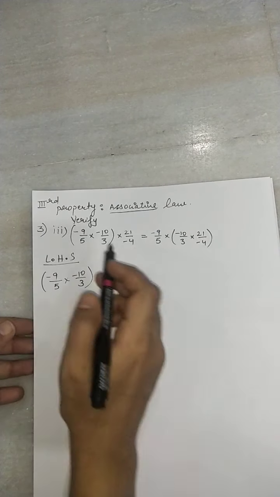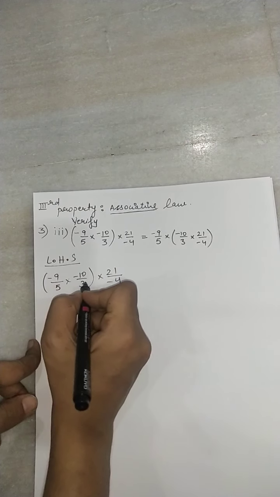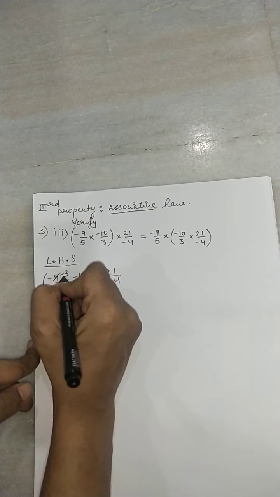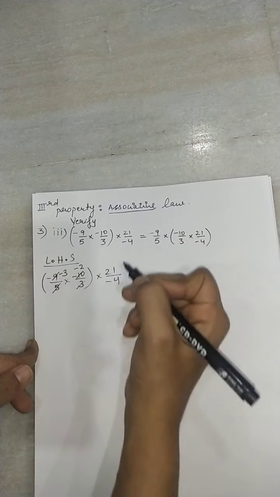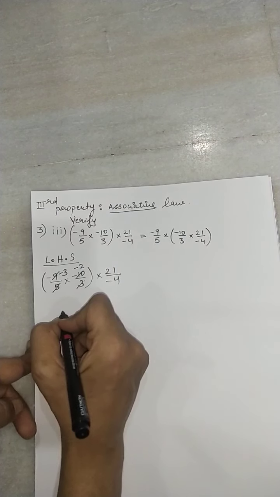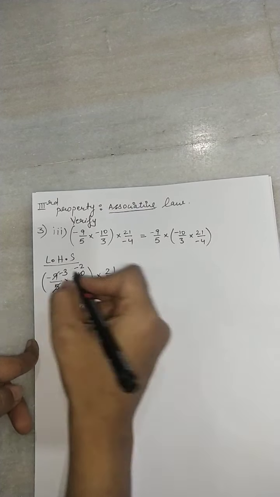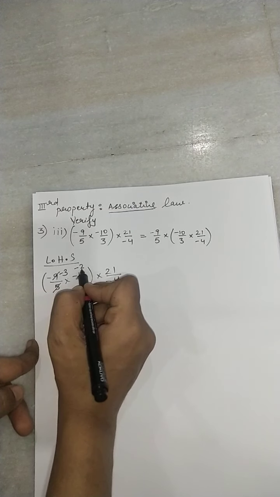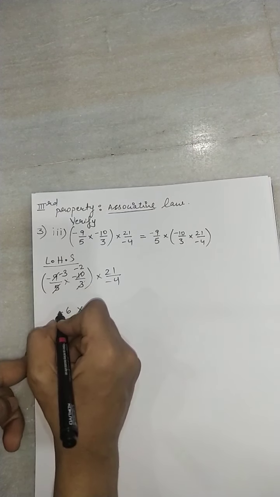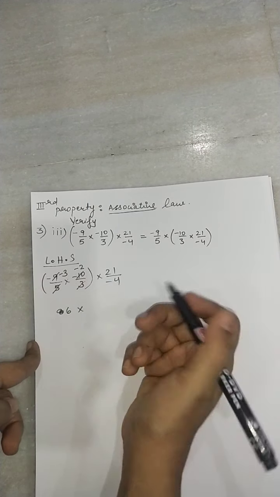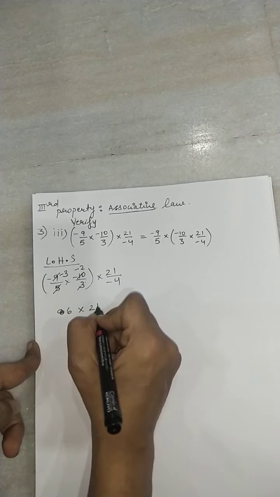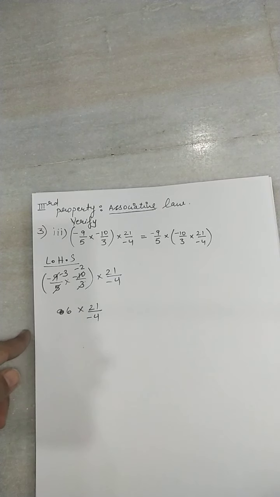I'll convert to the lowest terms as I can see a few numbers. 3 into minus 3 is minus 9, 5 into minus 2 is minus 10. So what is left out here? Minus 3 into minus 2 is plus 6, so minus will not come. 6 in the denominator is left out. So 6 into 21 upon minus 4.